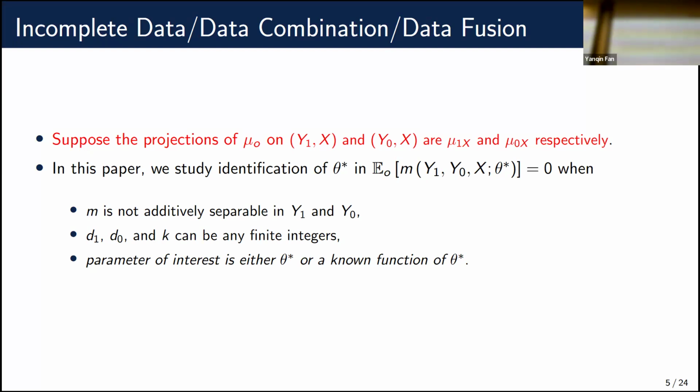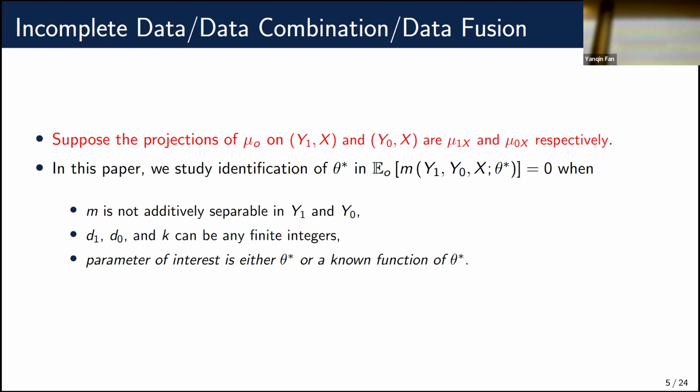The number of moment conditions, k, can be any finite integer. And the parameter of interest could be theta star itself or a known function of theta star. I'll show you examples, one in this case, and the second case where the parameter of interest is a known function of theta star.